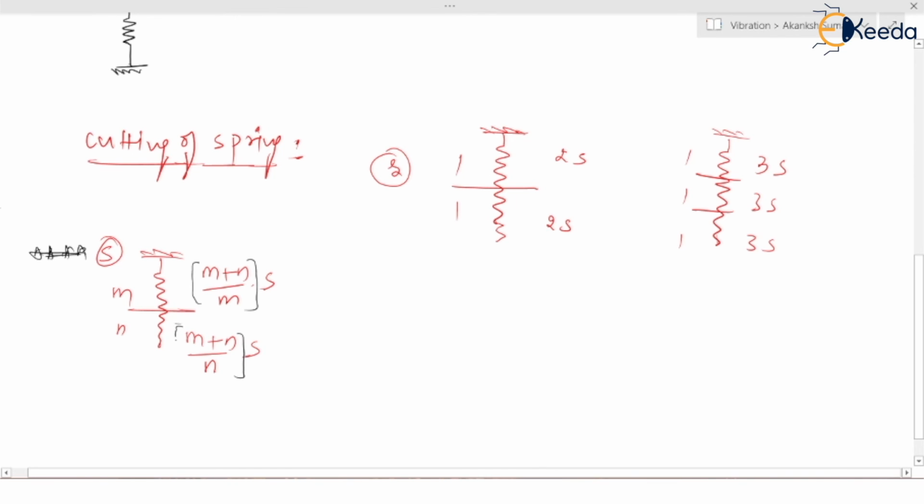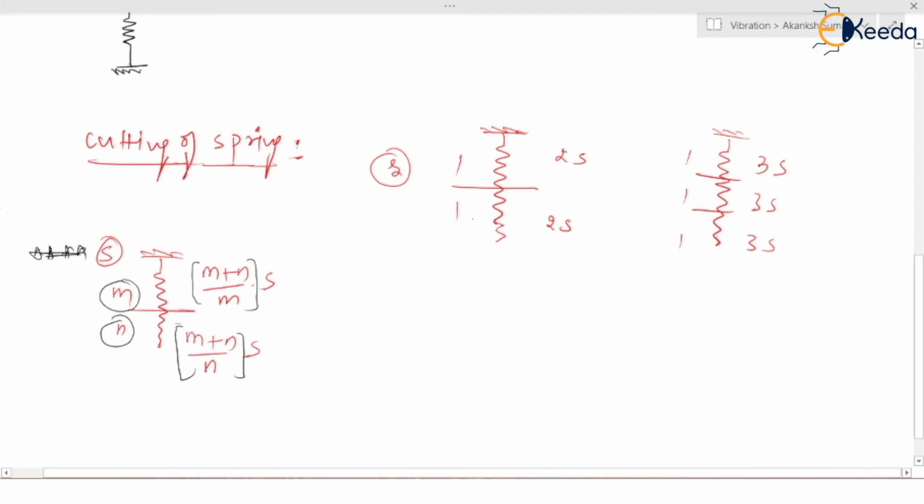(m plus n) upon m, because the upper part has portion m and the lower part has portion n. So for the upper spring it is (m plus n) upon m multiplied by s, and for the lower spring the stiffness would be (m plus n) by n multiplied by s. This is the procedure.